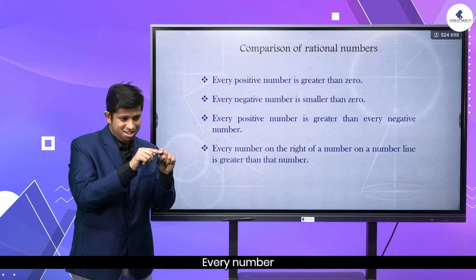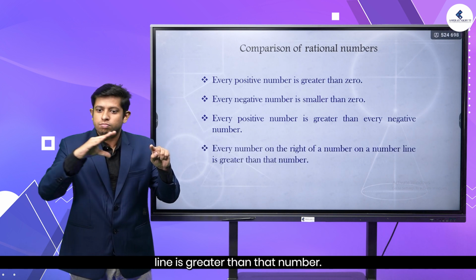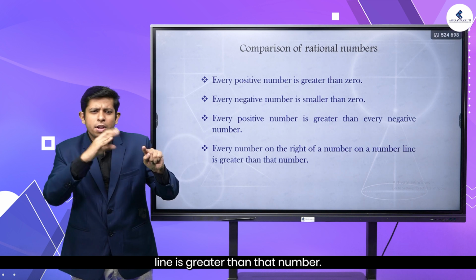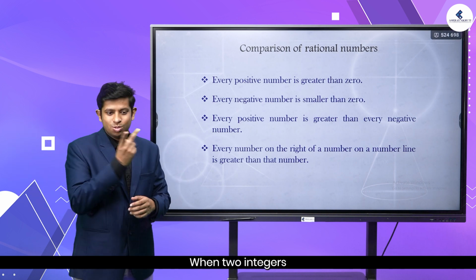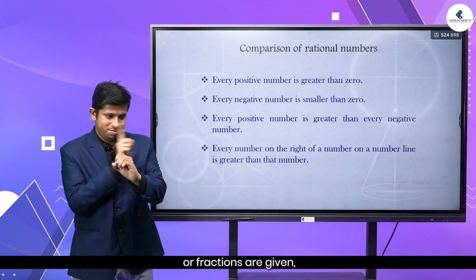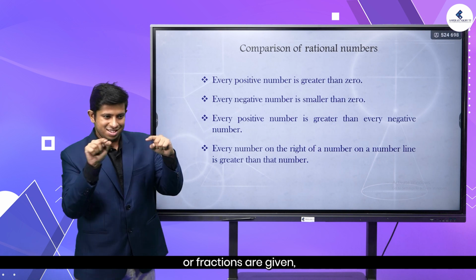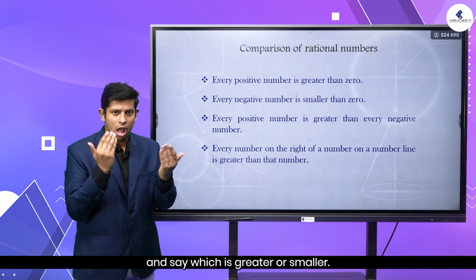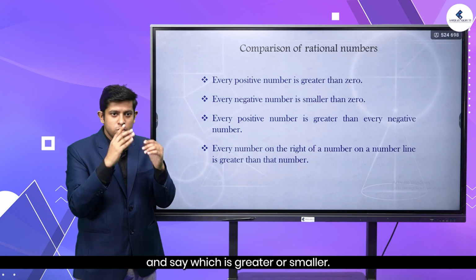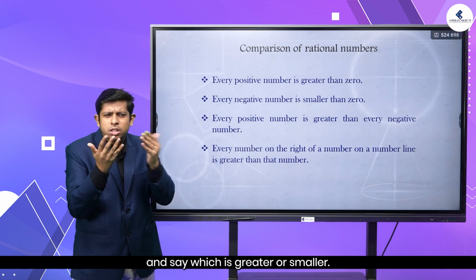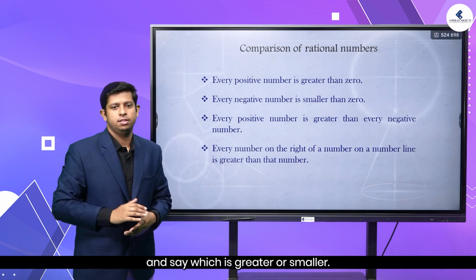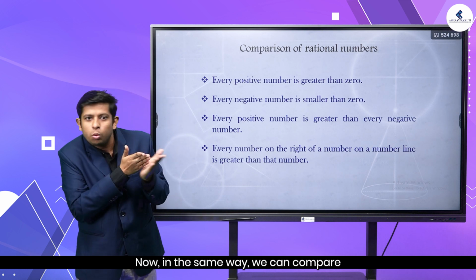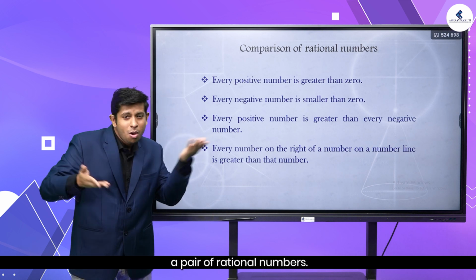Every number on the right of a number on a number line is greater than that number. When two integers or fractions are given, we know how to compare them and say which is greater or smaller. Now, in the same way, we can compare a pair of rational numbers.